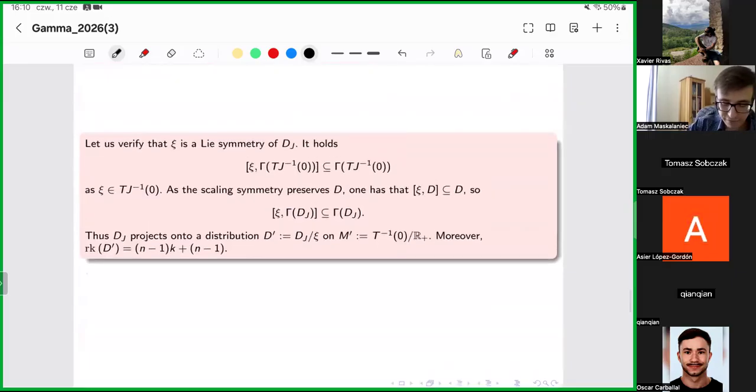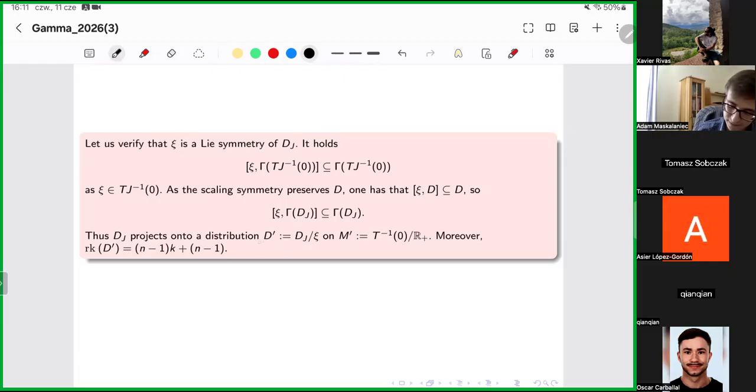Then we need to verify that psi is a Lie symmetry of the distribution, but it is true since psi is tangent to this level set. It preserves this distribution, and moreover, since the scaling symmetry preserves the k-contact distribution, it also preserves D, so it also preserves the intersection. So we have a proper candidate for a reduced k-contact distribution.